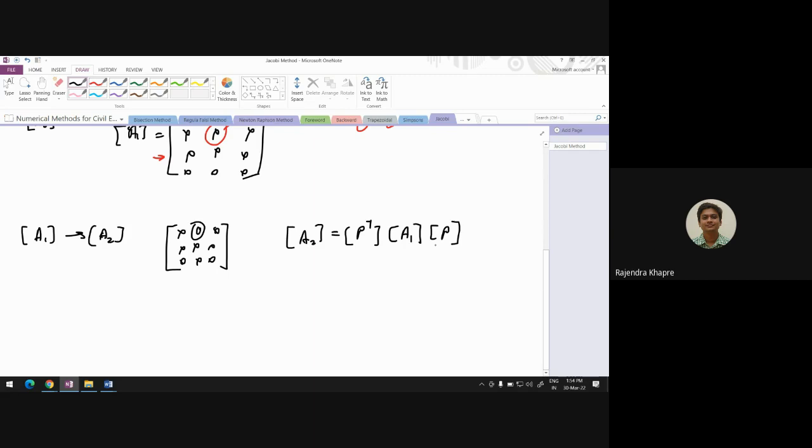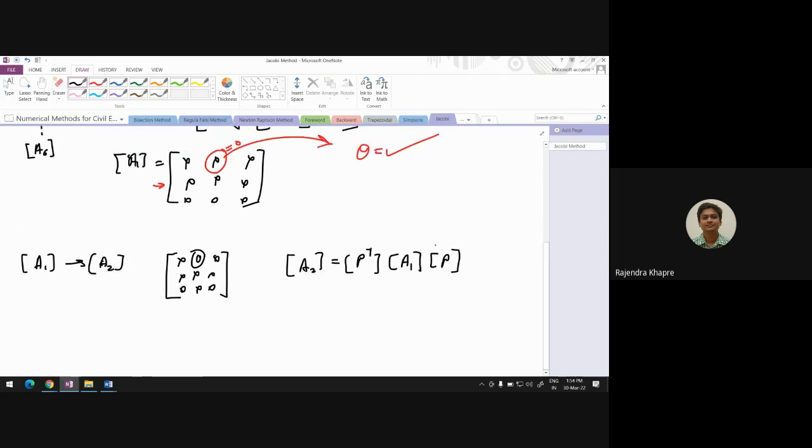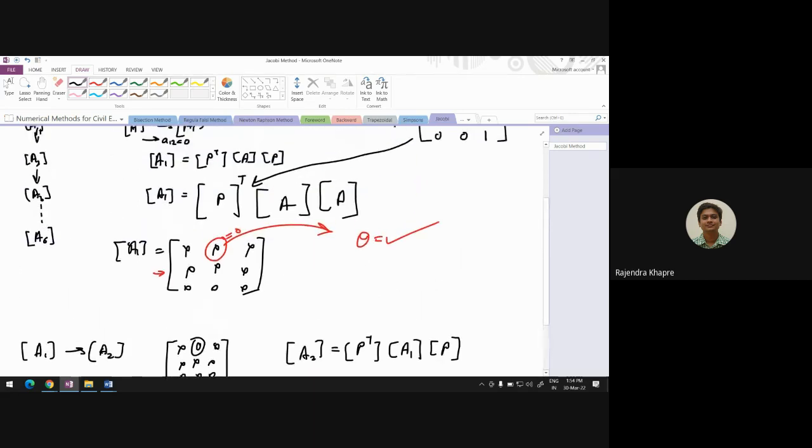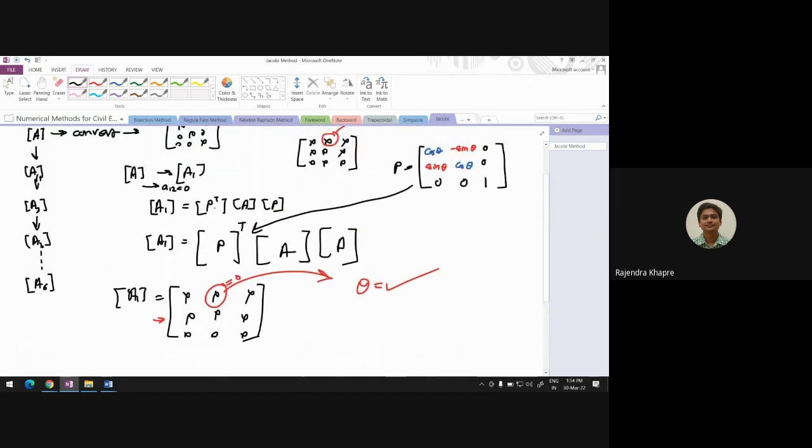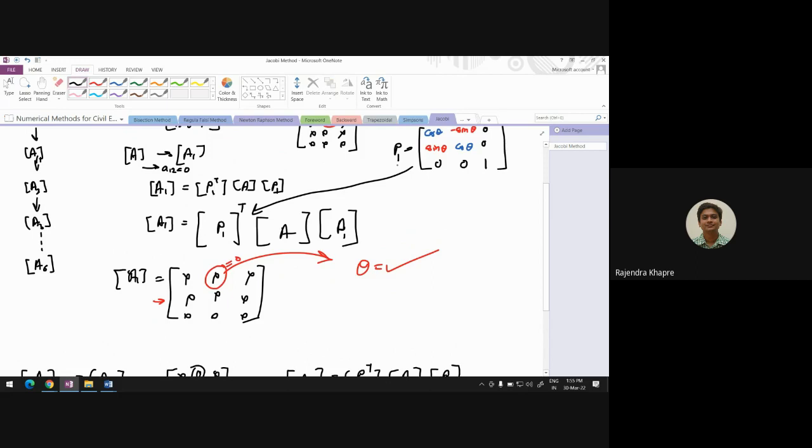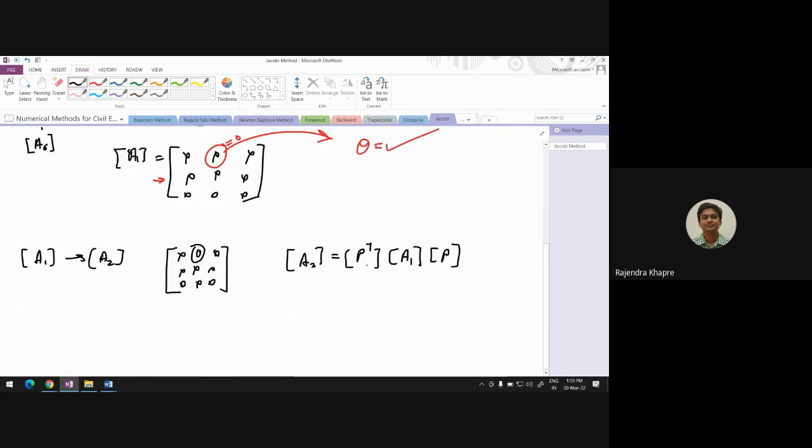Okay. Just for the sake of understanding, the earlier P, this P, I am going to call this P1. Okay, this is P1, and this will also be P1. Here I am going to write this as P2.